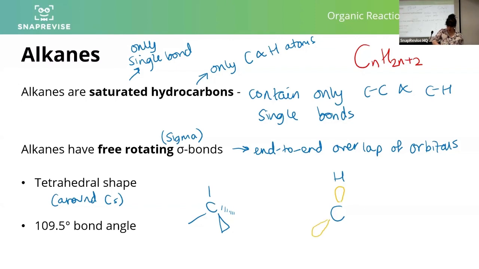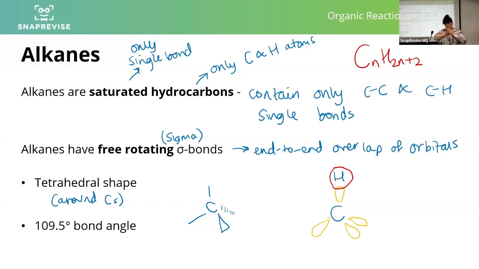Don't worry too much about orbital shapes if you haven't done bonding orbital shapes. But they look a bit like that. And let's make the hydrogen's orbital red. So there's end-to-end overlap, as in they are pointing at each other.